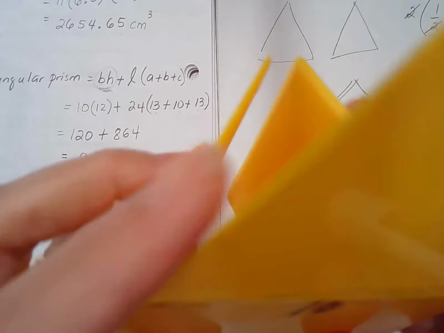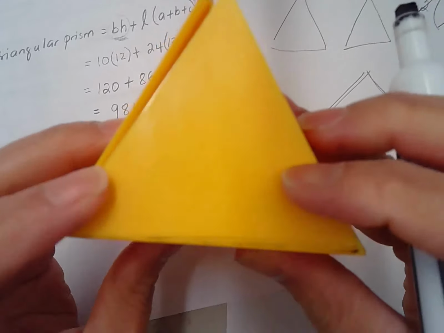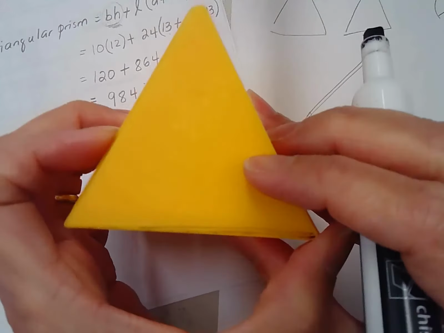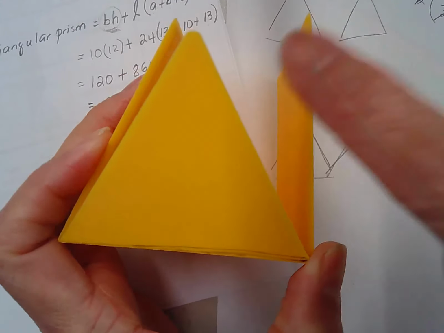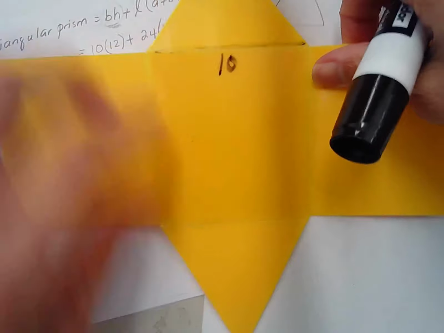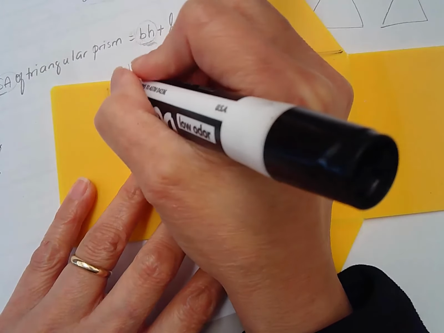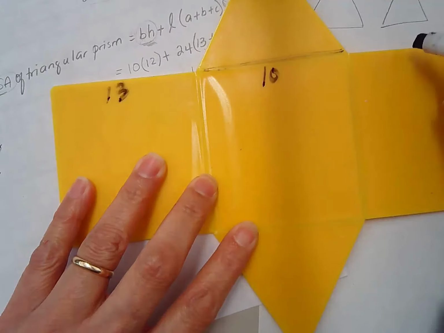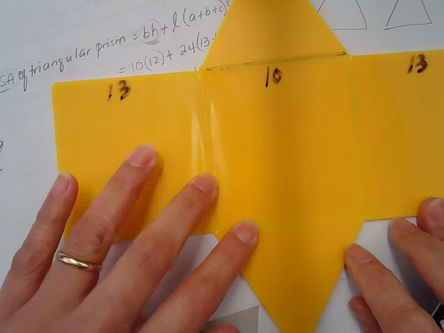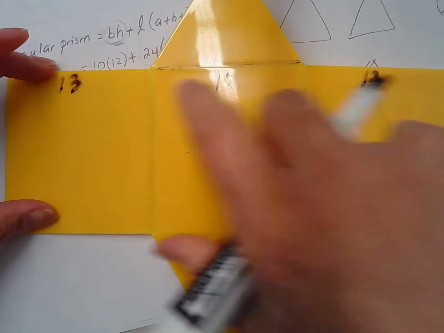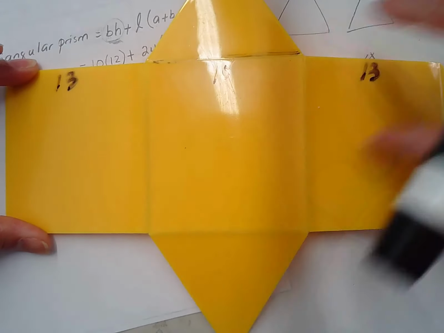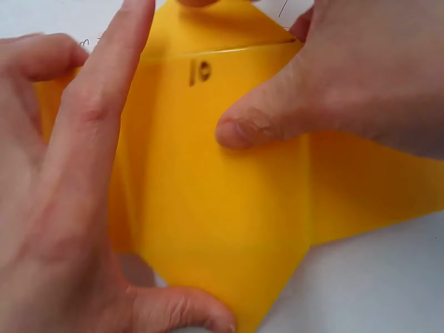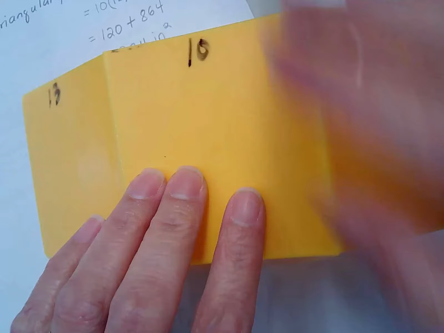Going back to our question, this is 10, and then what would this be? 13 and 13, yes. So when we open this up, not counting the triangles, I'm going to fold in the triangles if I can.